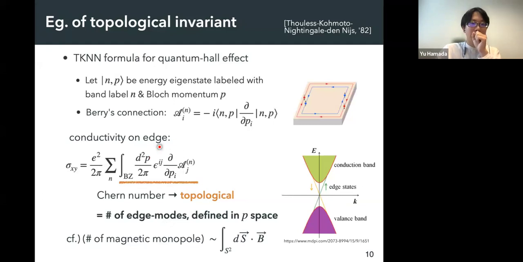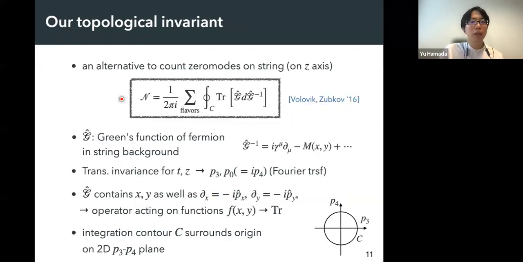But this is well known in condensed matter physics. Let's consider an alternative example of a topological invariant. This topological invariant is given by these people, and here the expression is very complicated. This hat Z is the Green's function of the fermion in the string background.